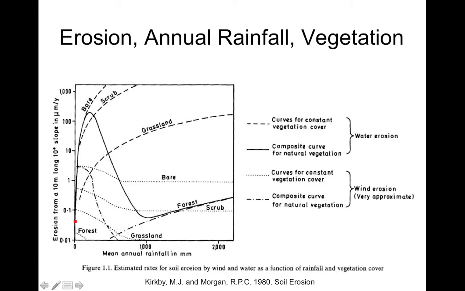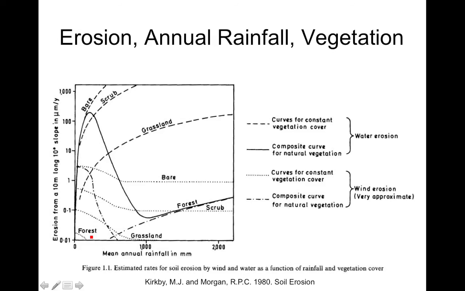We find that the erosion rates from these landscapes tends to be highest in some of these landscapes anyway, because these scrubby and bare areas are more representative up here than these forests in terms of frequency of mean annual rainfall. We find that erosion peaks at a mean annual rainfall of about 200 to 400 millimetres, right?